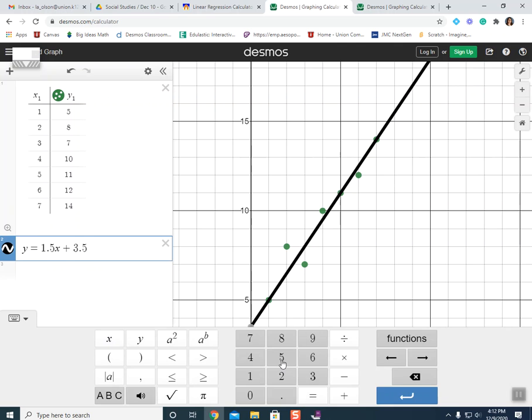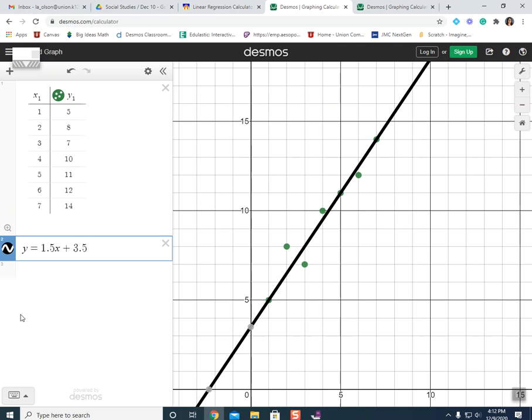Okay, and we can tell right away that's a pretty darn good representation, right? You can see that the points on this graph are all very close, if not right on the line. There's just a couple that are a little bit further away. So this is a really good representation of our data.